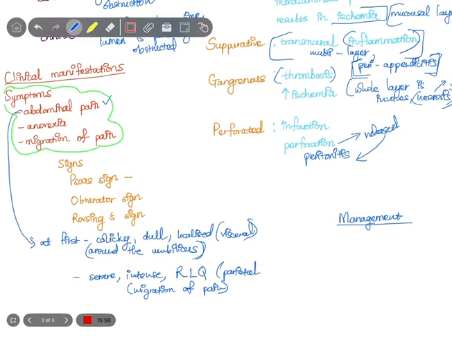Now, some of the signs that are going to be observed from the patient include, let's first talk about the obturator sign.